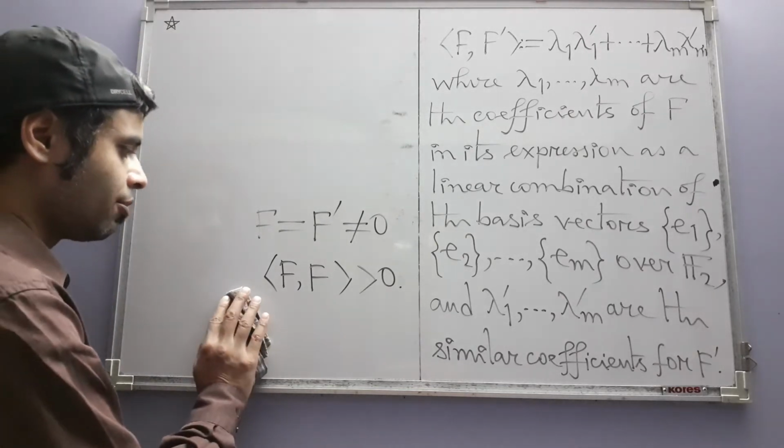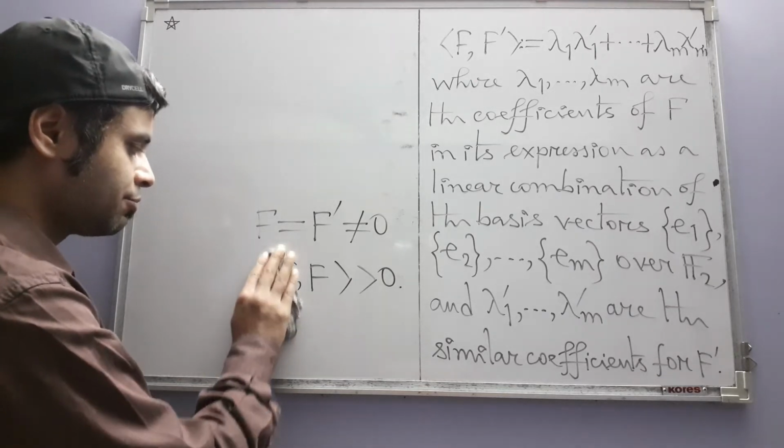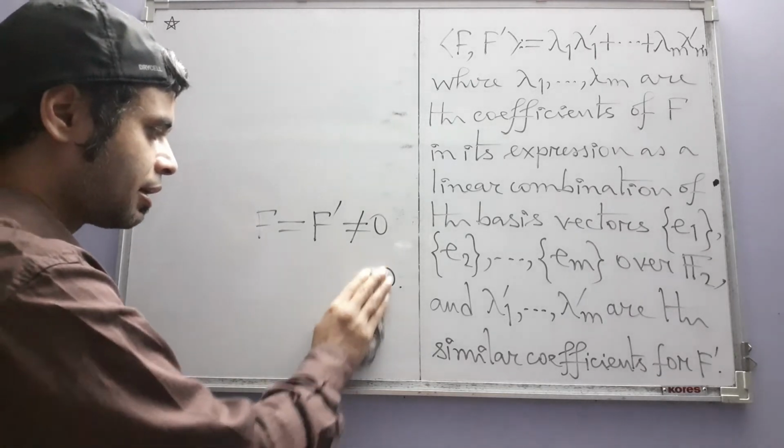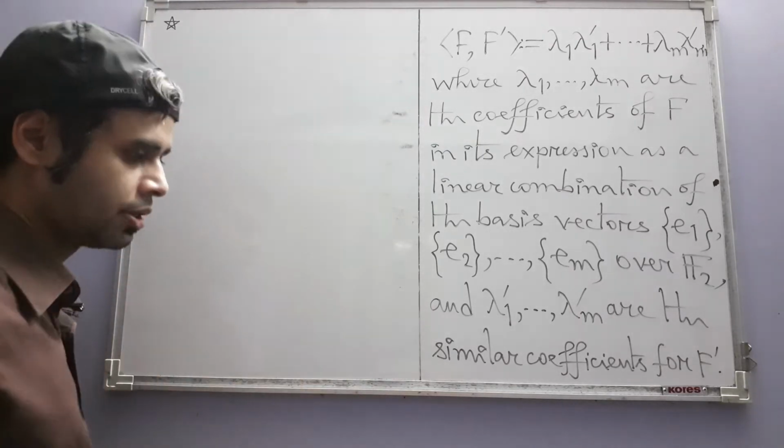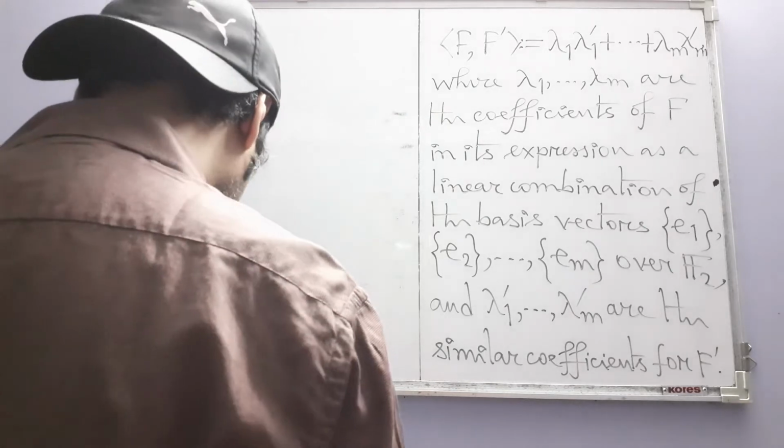Not only is it not the ordinary inner product due to the field being different from R and C, but it also does not behave like an ordinary inner product. So that's what the author is saying next.